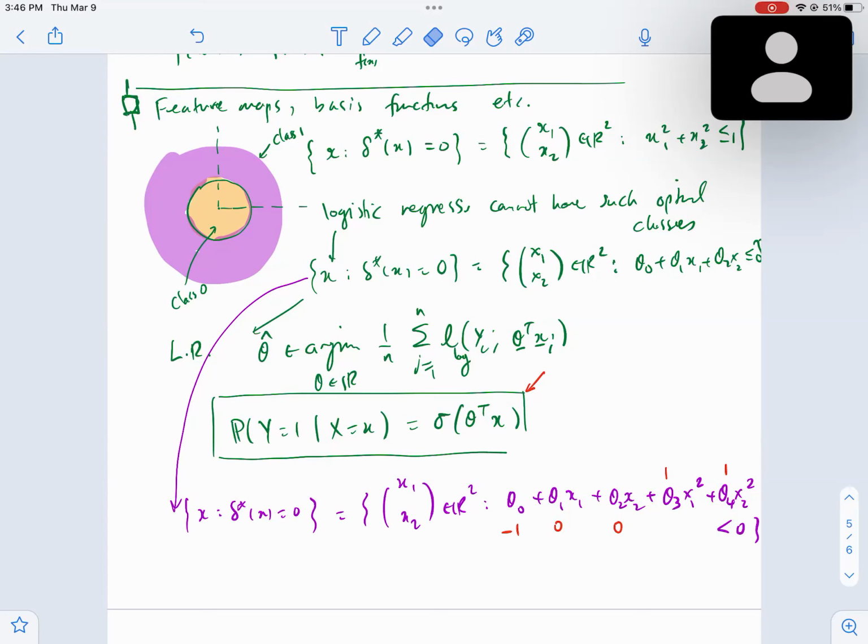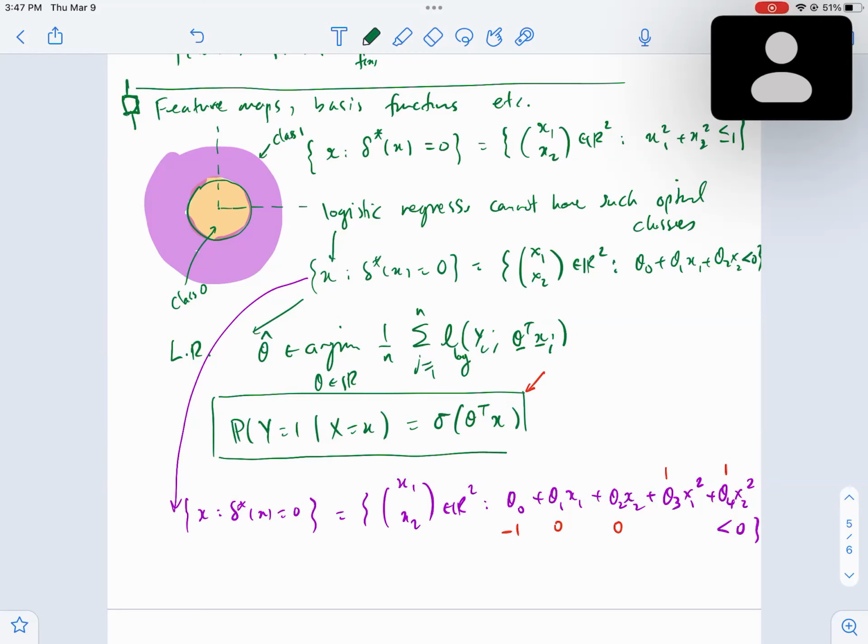Anyone? How did we get that something like this holds? How do we get that for logistic regression? Let's say this is the class associated, the zero class, according to Bayes' rule.